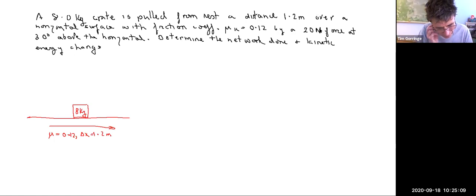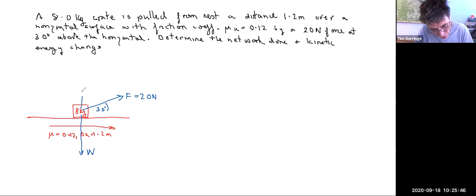Now let me add the forces that are acting. So one force that's acting, of course, is gravity. That's vertically downwards. That's the weight. Another force that's acting is the pull that somebody's exerting on the crate. That's going to be called F, and it's 20 newtons in strength, and it's directed 30 degrees above the horizontal.